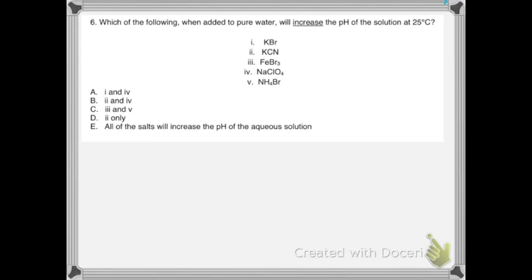Okay, with number 6, we're dissolving some salts in water, and they want us to figure out which will increase the pH. So increase pH, that tells us that they would need to be bases. Okay, so for the first one, we would have KBr.